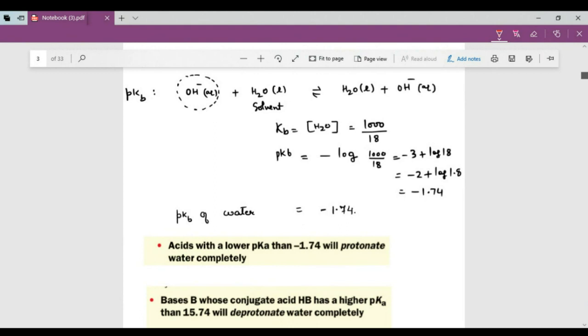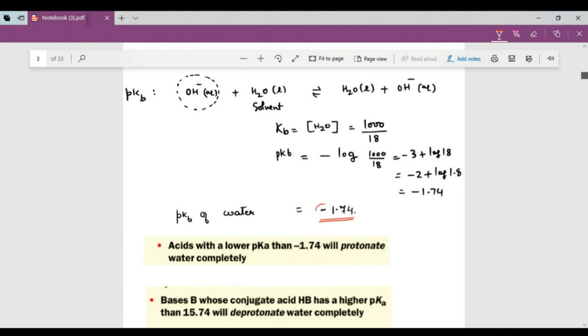If I write the equation, this is constant, OH minus and OH minus concentration will get cancelled. And Kb of this water is coming directly equal to the concentration of the water, which is 1000 by 18 or 55.56. So pKb, solving this, is coming to minus 1.74.